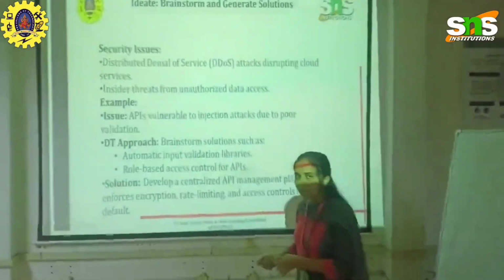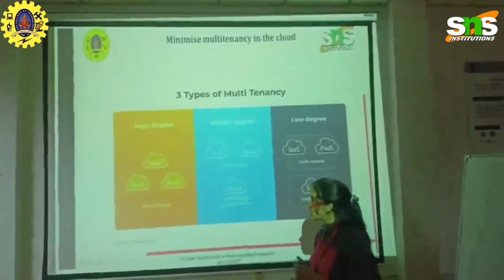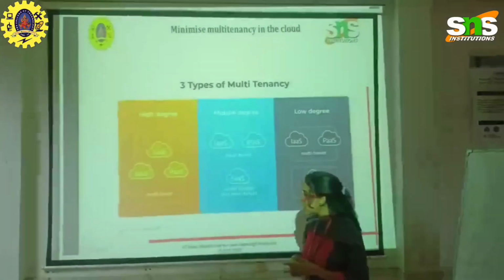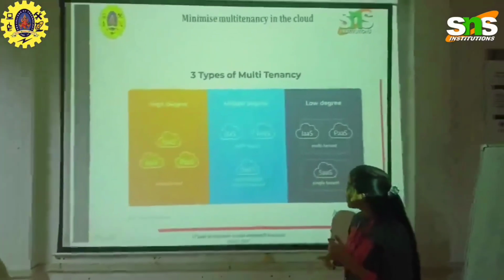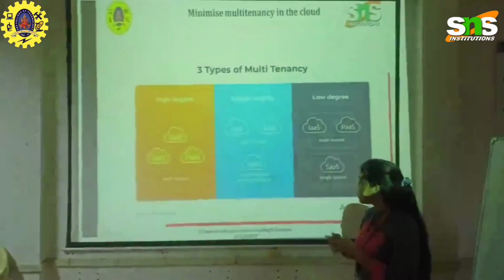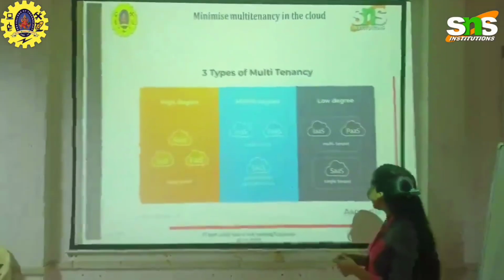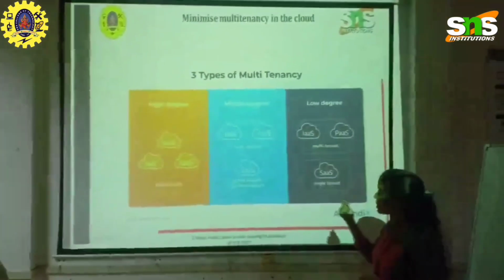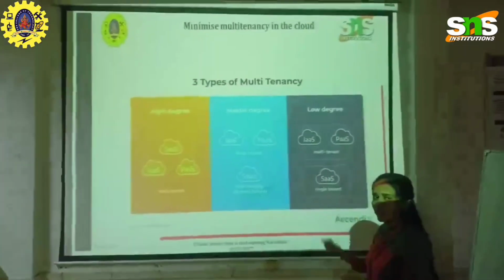Multi-tenancy in the cloud has three types. For the higher degree, software as a service, platform as a service, and infrastructure as a service are multi-tenant. Middle degree: infrastructure as a service and platform as a service are multi-tenant, and software as a service is a small cluster or multi-tenant. Low degree: infrastructure as a service and platform as a service are multi-tenant, and software as a service is single tenant.